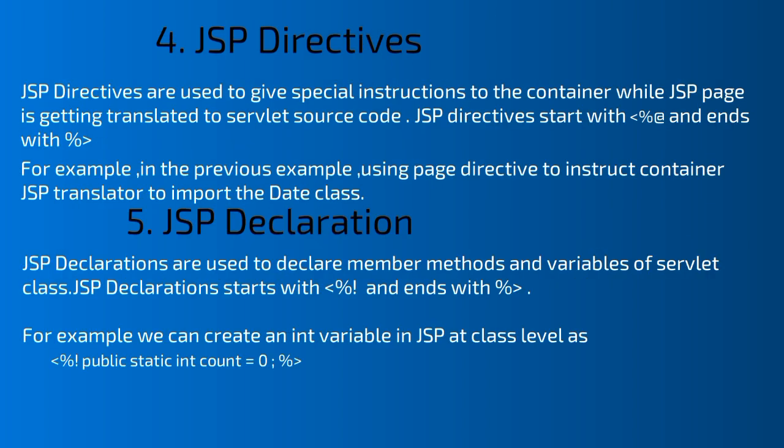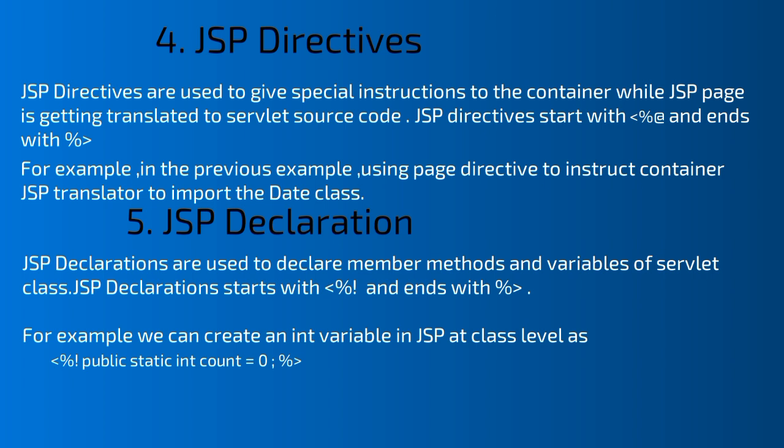Then the next element is JSP directives. JSP directives are used to give special instructions to the container while the JSP page is getting translated to servlet source code. A JSP directive starts with open tag <%@ and ends with %> close tag. For example, in the previous example, we used a page directive to instruct the container's JSP translator to import the Date class.